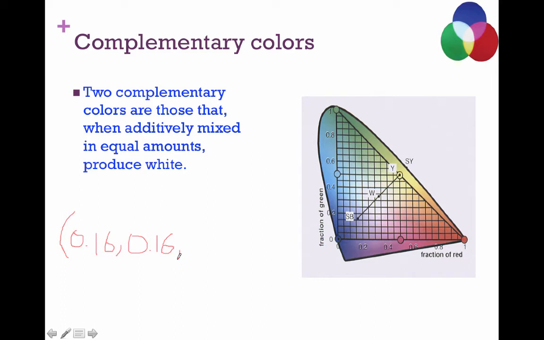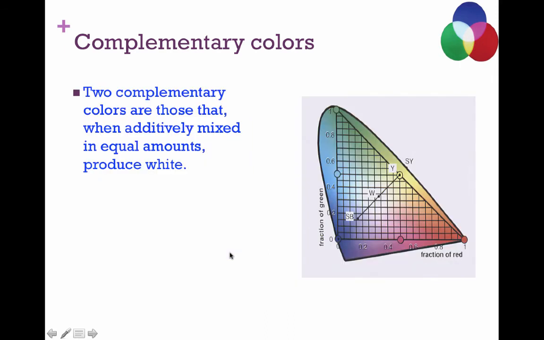Well, it's going to be 1 minus the red and the green. So red plus green is 0.16 plus 0.16, 0.32. 1 minus that is 0.68. All right, let me close our parentheses. We've got red, green, and blue for that spectral blue color.